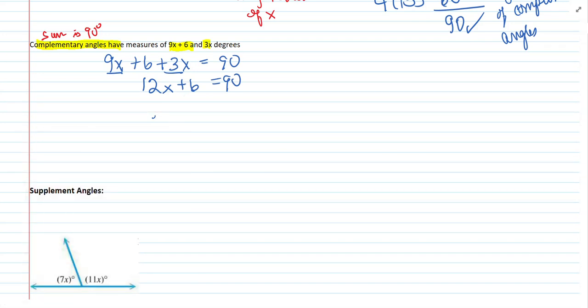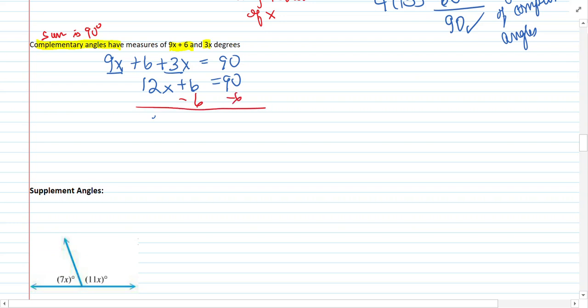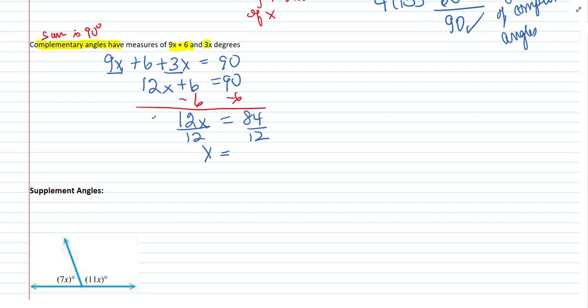I'm going to do the additive inverse. So that gives me 12x equals 84. I'm going to divide by 12 so that x is, and if we do the math, what is that? It's 6, isn't it? No, it's 7. 7.